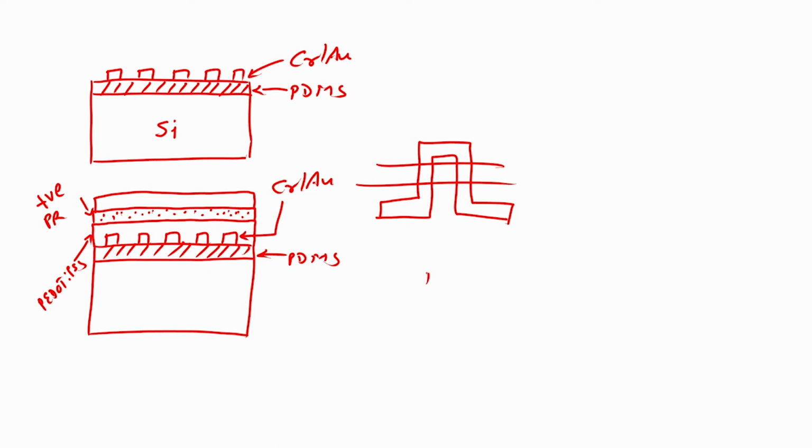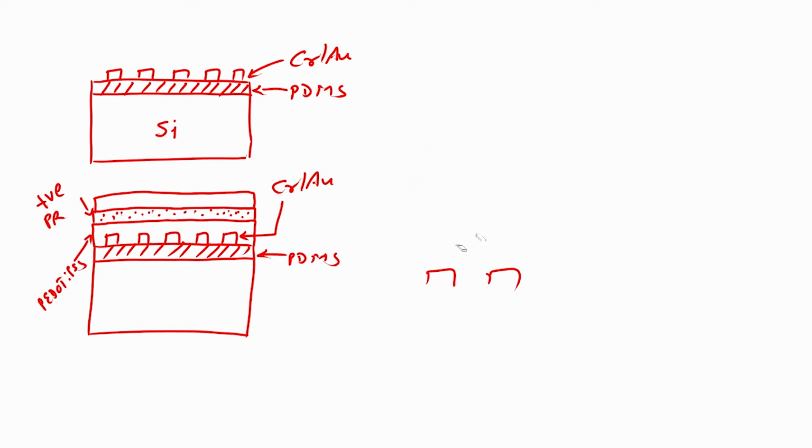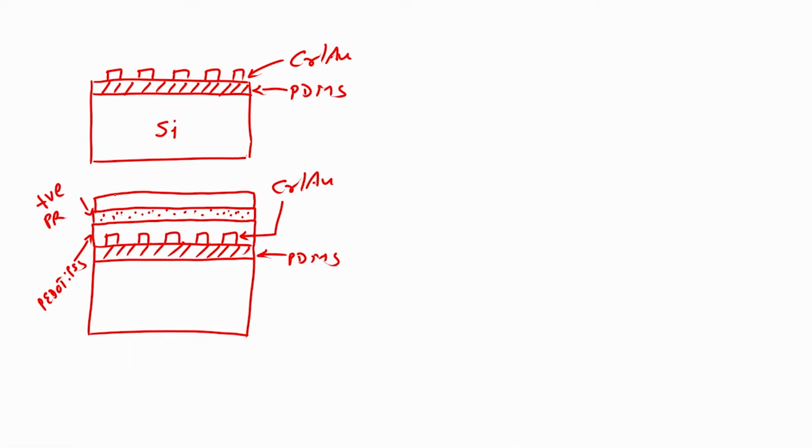So, if I take a cross section of this particular piezoresistor which is made out of PEDOT:PSS, then the mask that I am showing here will look like this, and this is a bright field mask.